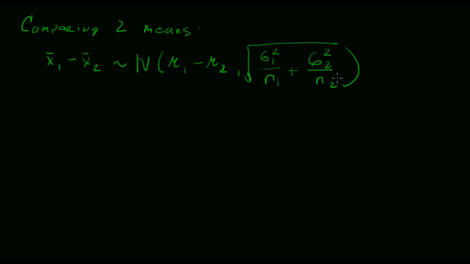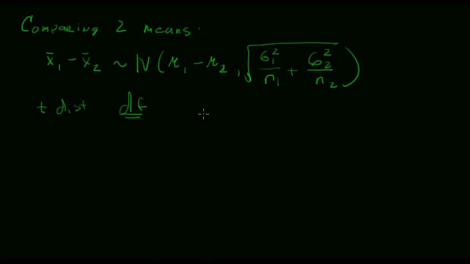So if I meet those same conditions for inference, I can start to build a confidence interval. Now the confidence interval here is a little different. You have to remember that we're working with a t distribution, and you have a degrees of freedom situation.